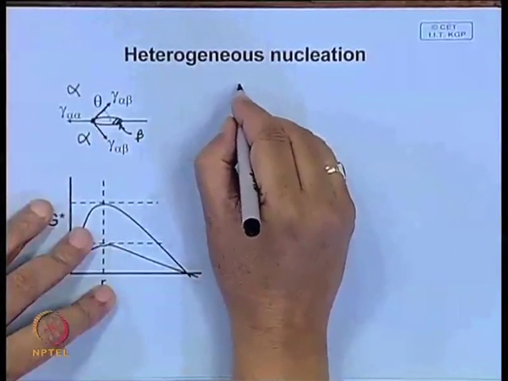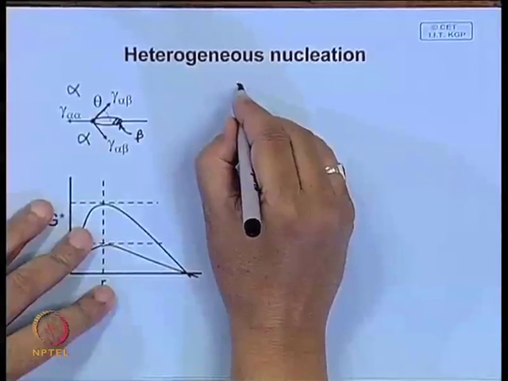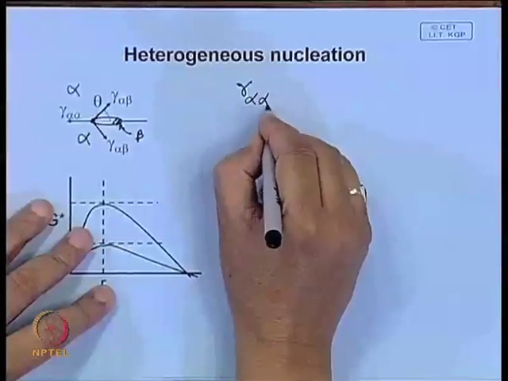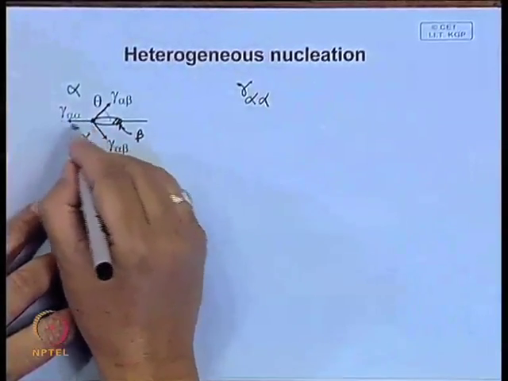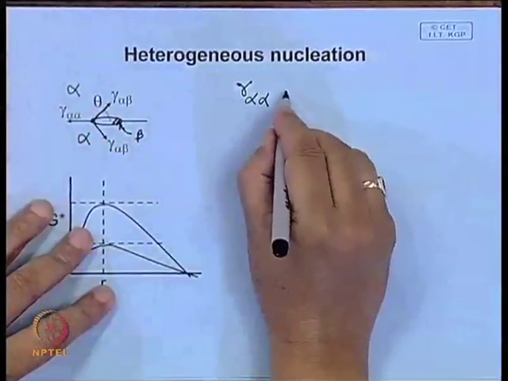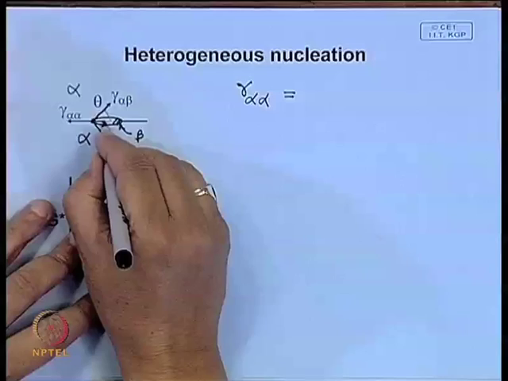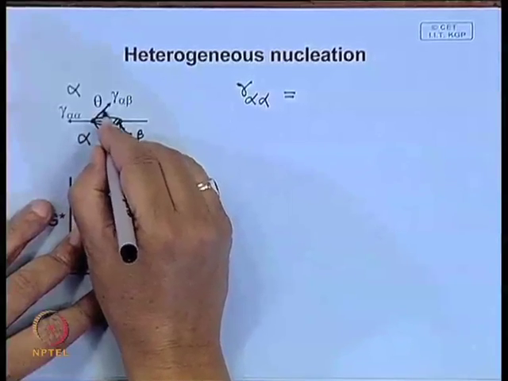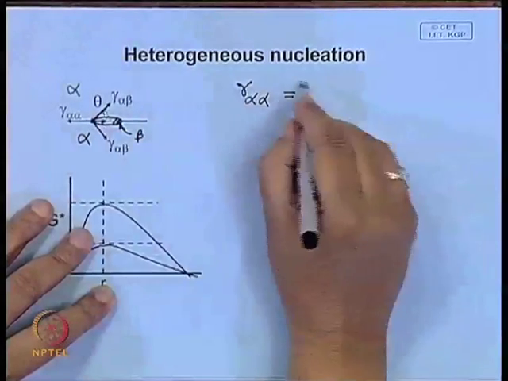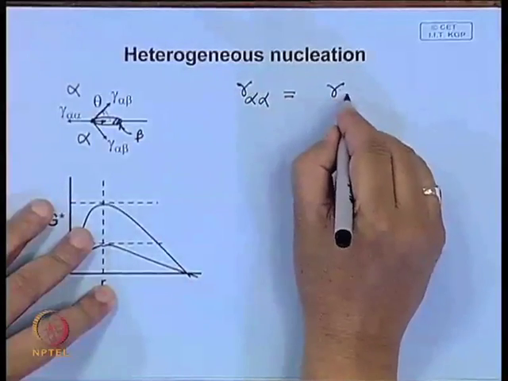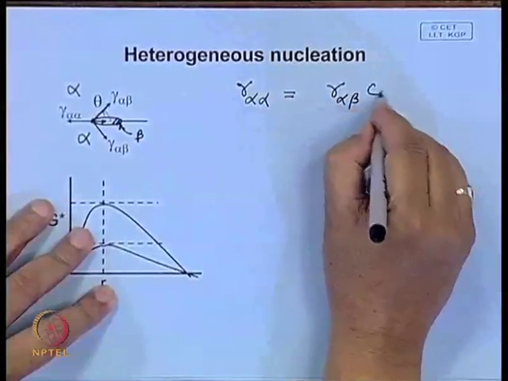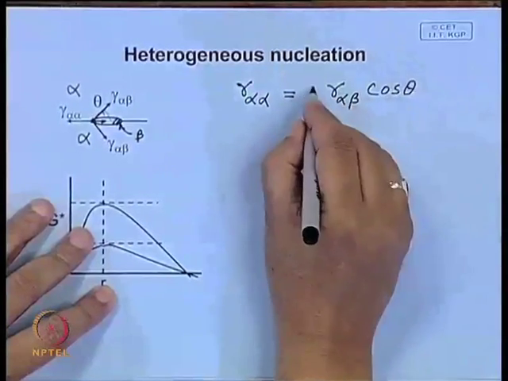So this relation should be satisfied: gamma alpha alpha, that is the force acting along this boundary, should be equal to the force acting in this direction, which is the horizontal component of gamma alpha beta, cos theta, twice.